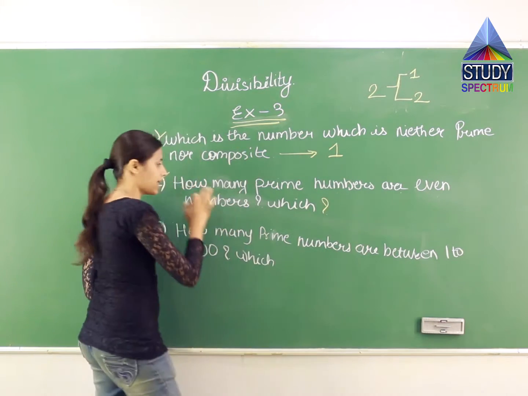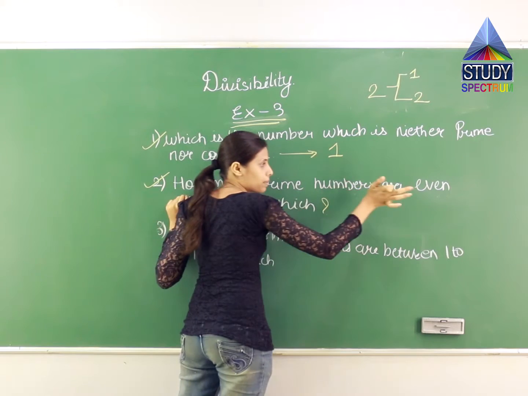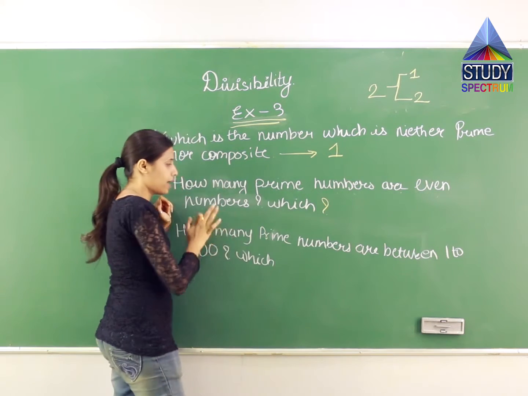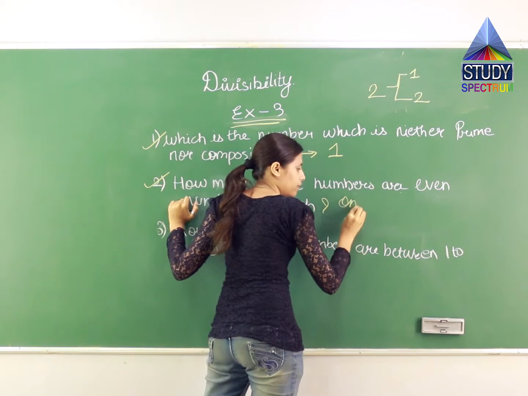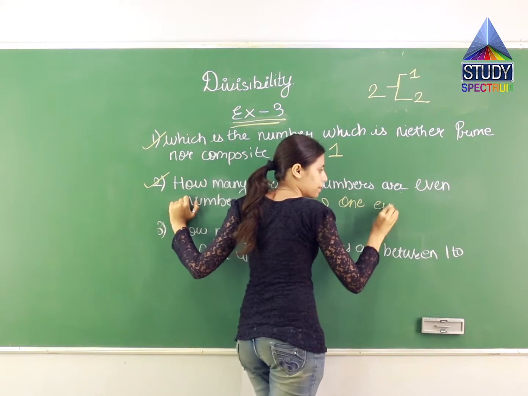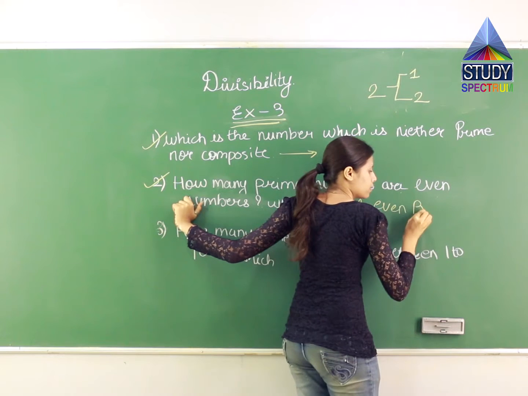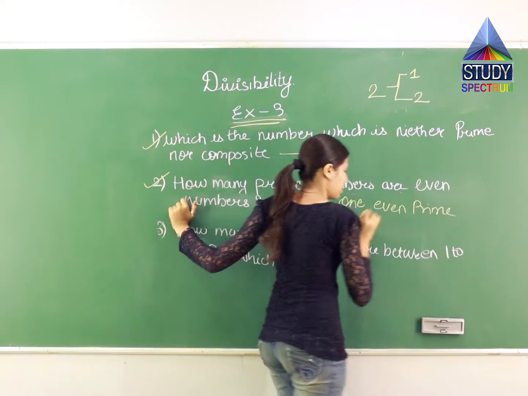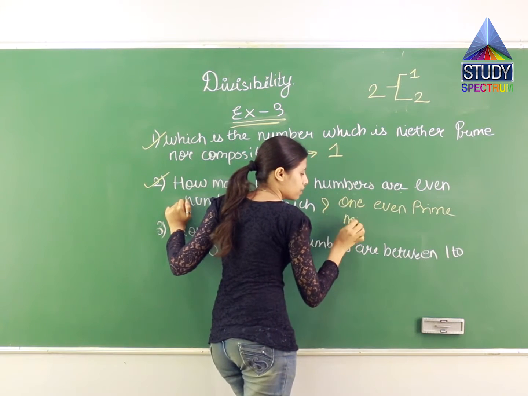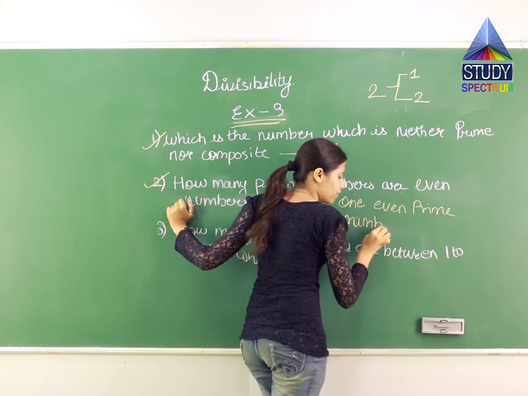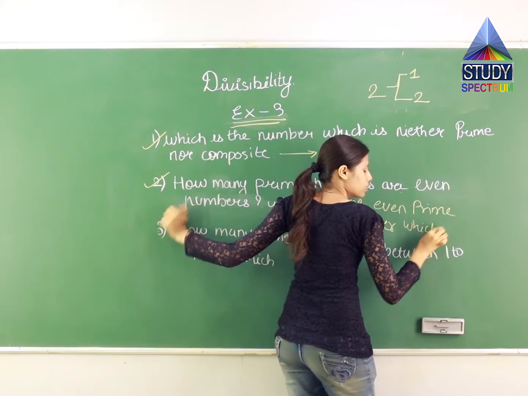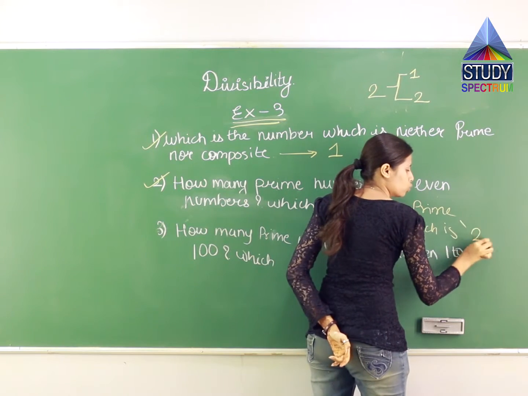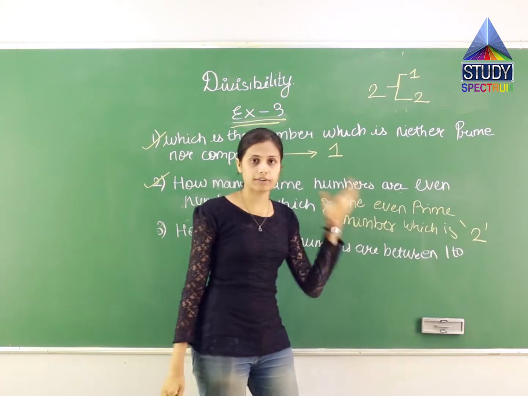So over here when they are asking you how many prime numbers are even numbers and which, the answer will be 1 even prime number, which is 2. So are we clear with it?